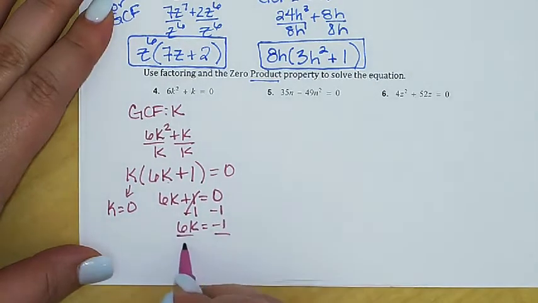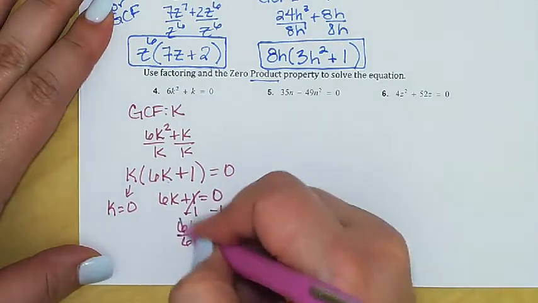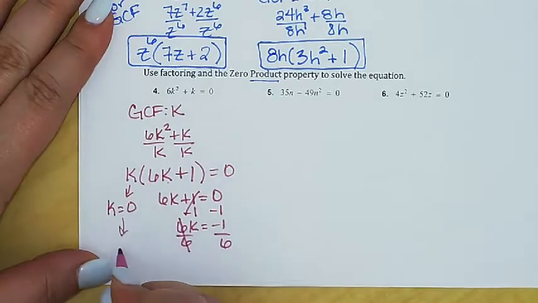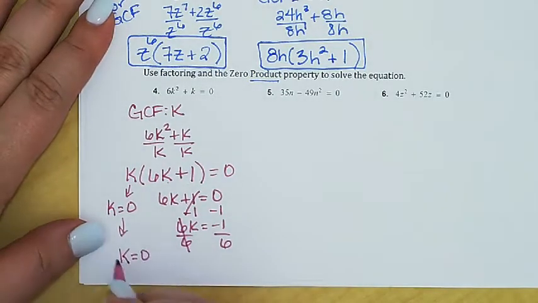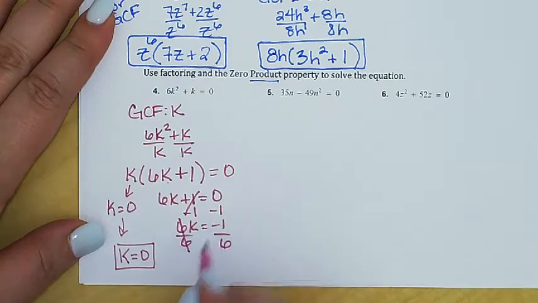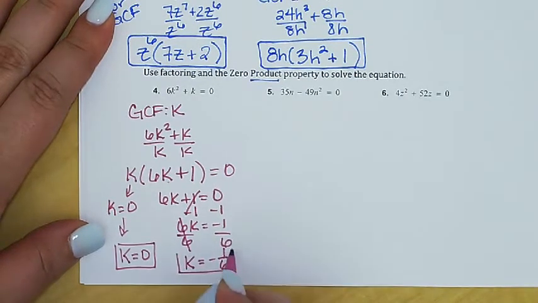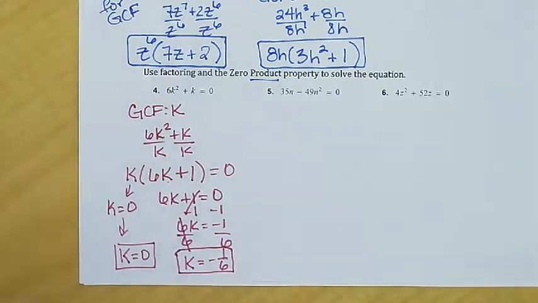That's -1. And then we divide by 6. So our two solutions, this one was already solved, right? So our two solutions is that k is 0 or that k is -1/6. Leave that as a fraction. It's so much easier. There it is. Those are your zeros or your roots or your solutions.